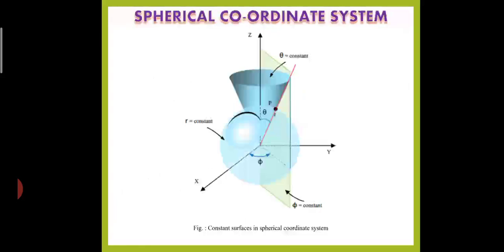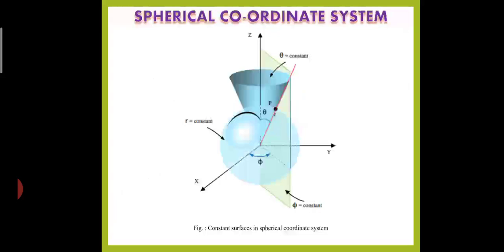Now, in the spherical coordinate system, these are the surfaces used to define it on the 3 Cartesian axes. The first is a sphere of radius r with its origin at the center of the sphere. The second is a right circular cone with its apex at the origin and its axis as the z axis.